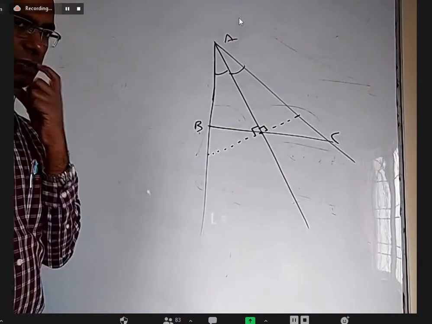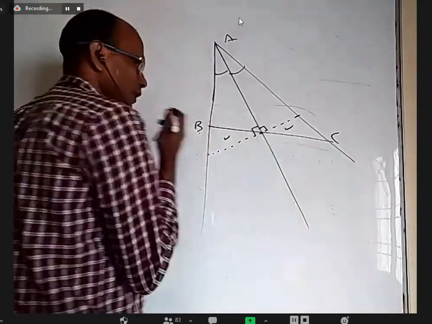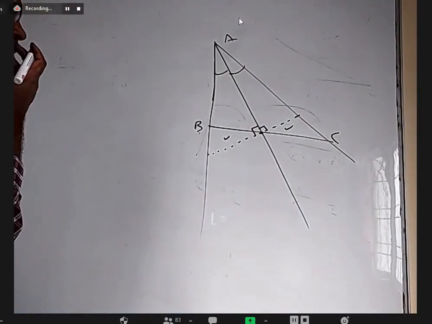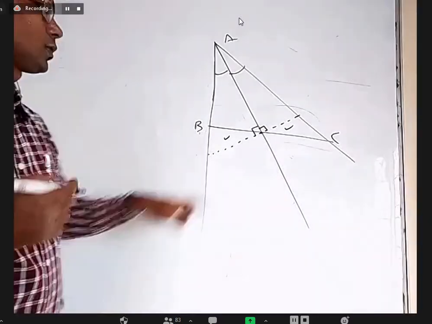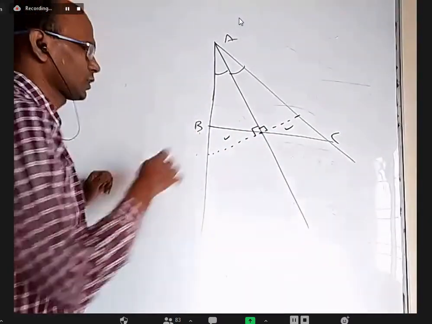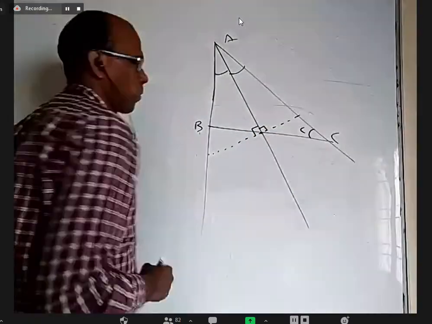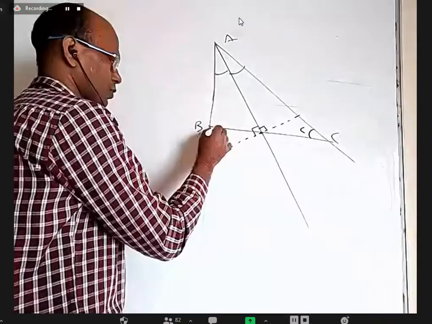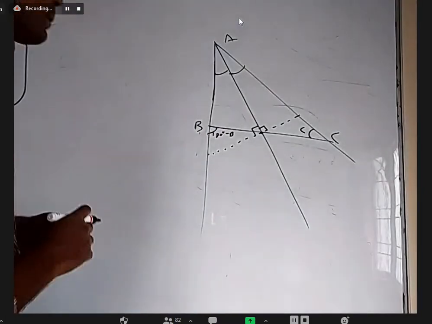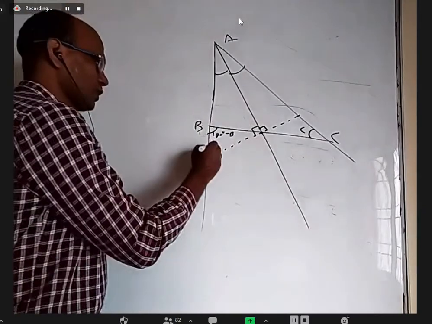I'm not sure what I want to do with it. Can I say these two are similar triangles? Yes, these two are vertical opposite angles. No, they are not similar, but there is something else I want to see. Just a minute. This is angle C. This will be 180 minus B. This is A by 2. This is 90, so this should be 90 plus A by 2.